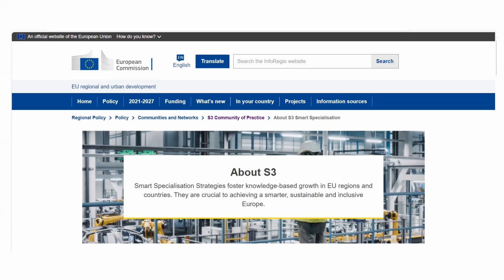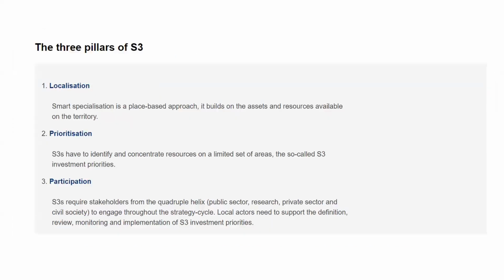But they are talking about this from a regional point of view. In the European activity, they have different pillars. The first one is localization. It basically means start from what you have. If you have something good, start from that. The second one is, if you have several good things, make a choice.